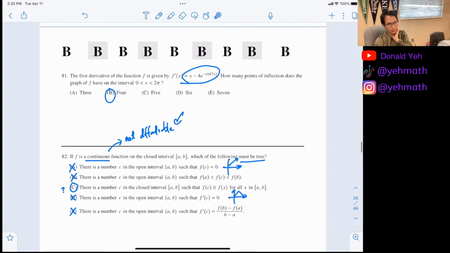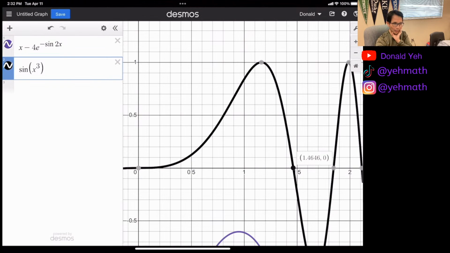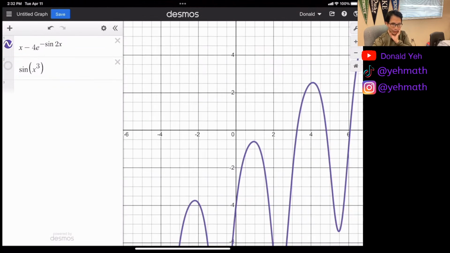Question 81. I love this question because it asks how many inflection points. You're going to see analyzing graphs is the biggest part. Harmon last year said he doesn't know how to do calculation or algebra at all, and he got a 5. How? He understands all the analyzing graph questions and gets done in like 10 seconds. This is the question. You plug in the derivative and graph it.